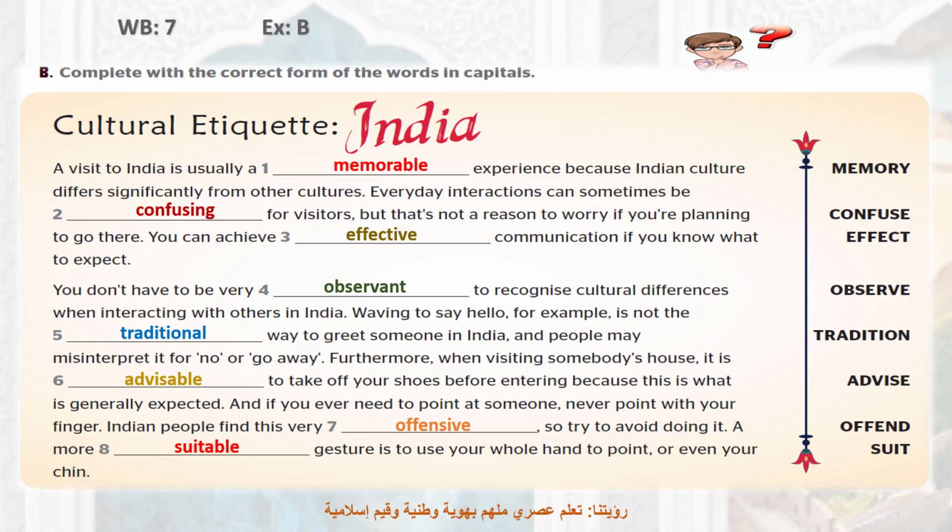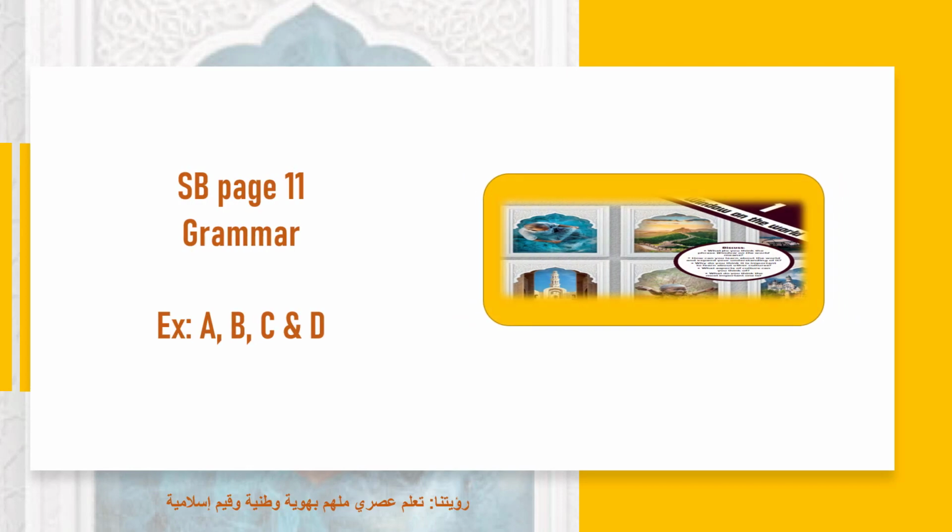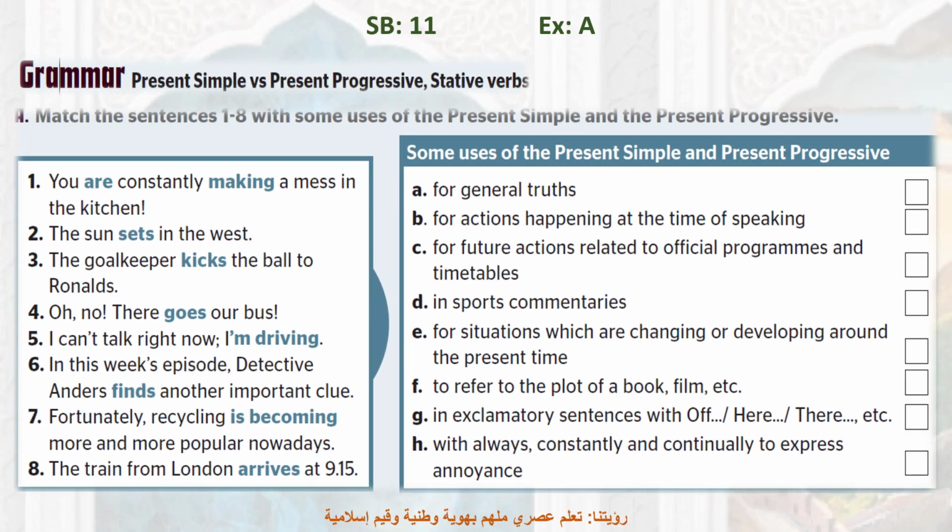It's time now to open your student books at page 11 to start our lesson. Student book, page 11, exercise A. Here in the exercise, you have 8 sentences and 8 uses of the present simple and the present progressive tenses.